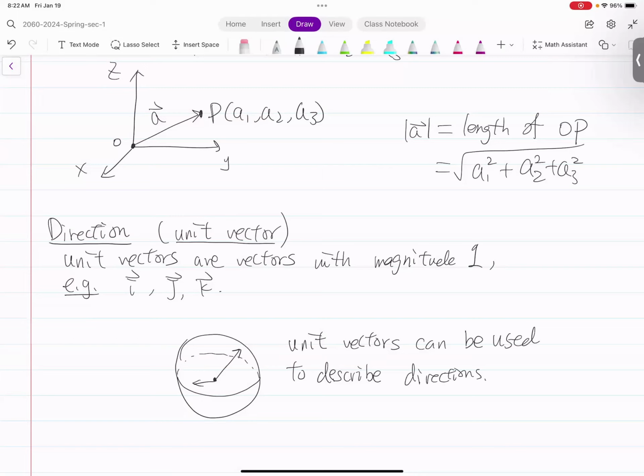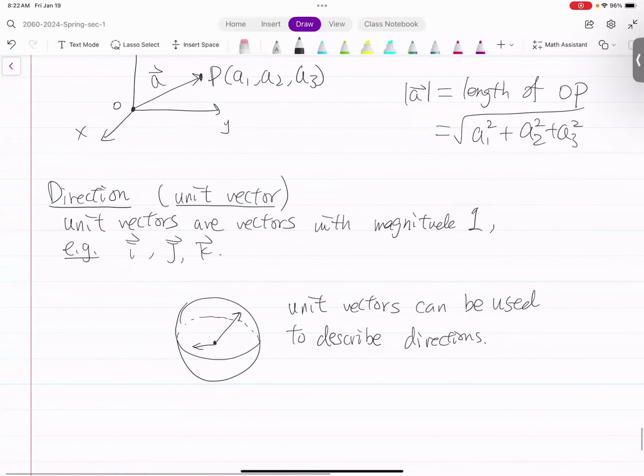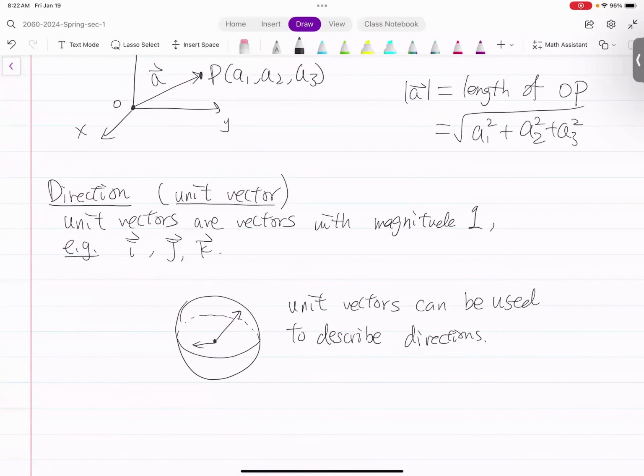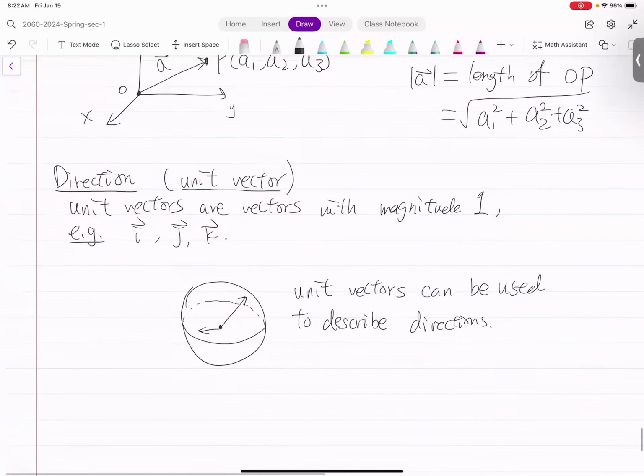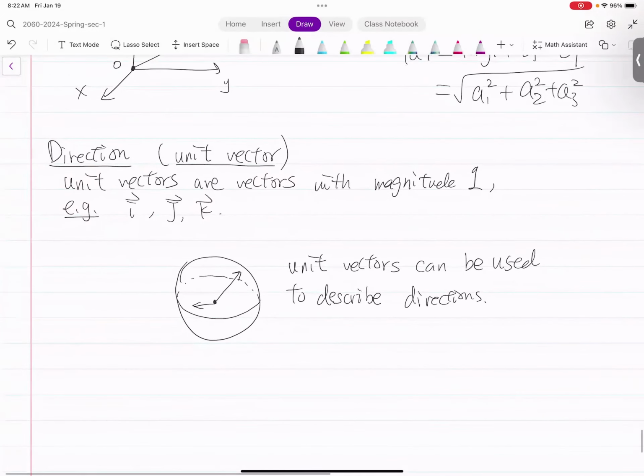And there are infinitely many possible directions within three-dimensional space, right? For whatever direction, you can always just extend the array and intersect with the unit sphere, right?